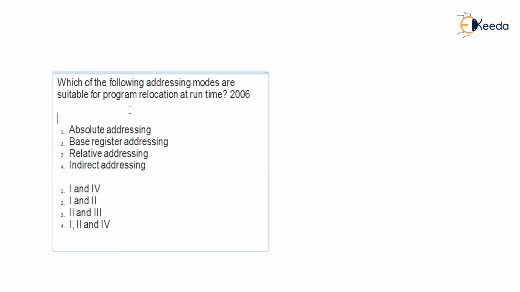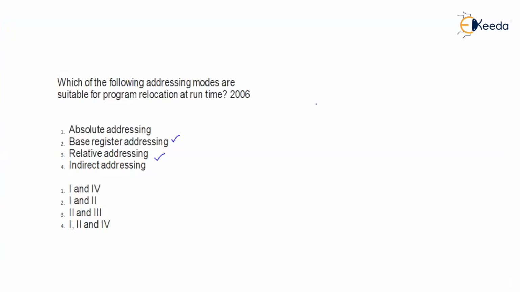So if you want to call the addresses within the program, you can use any of the two addressing modes. One is relative addressing mode and one more is base register addressing mode. That is, if you want to jump to the appropriate location within your program, you can use one of these following addressing modes. One is relative and one more is base register addressing mode.